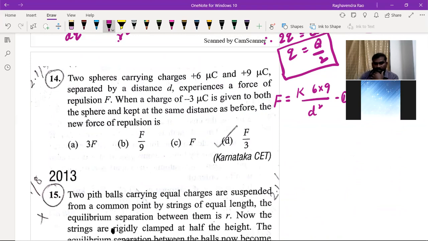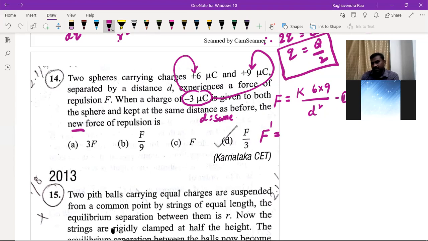Now, when a charge of minus 3 microcoulomb is given to both the spheres, minus 3 microcoulomb is added to this one and also added to this one, and they are kept at the same distance. So d is the same. The new force of repulsion, F dash, is equal to K into (6 minus 3) into (9 minus 3) by d square.